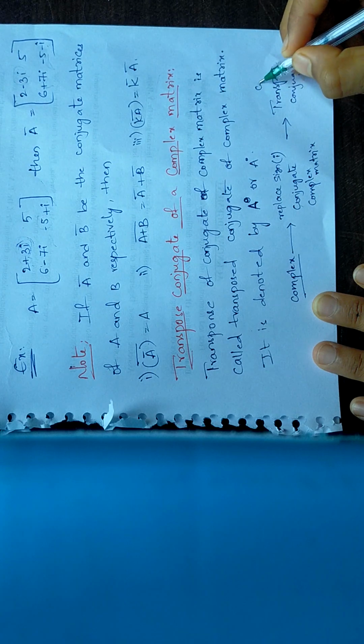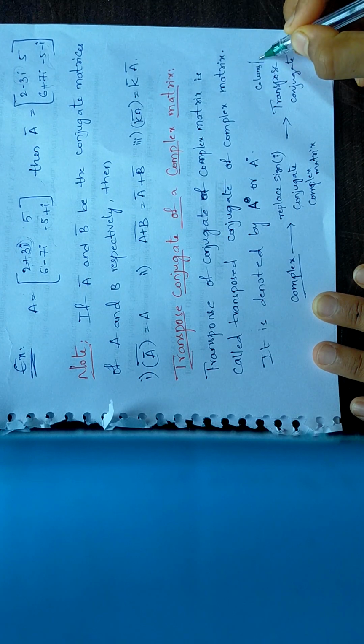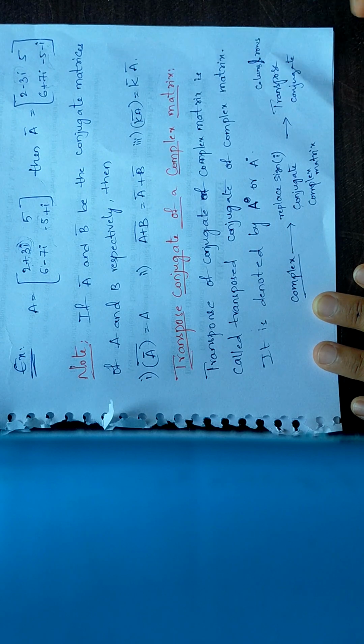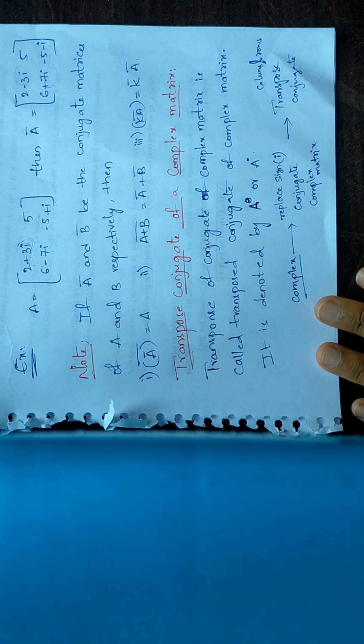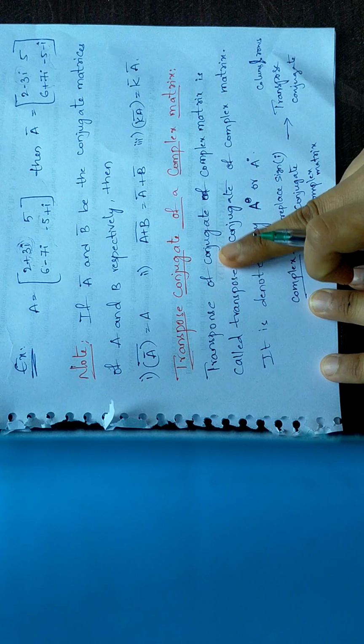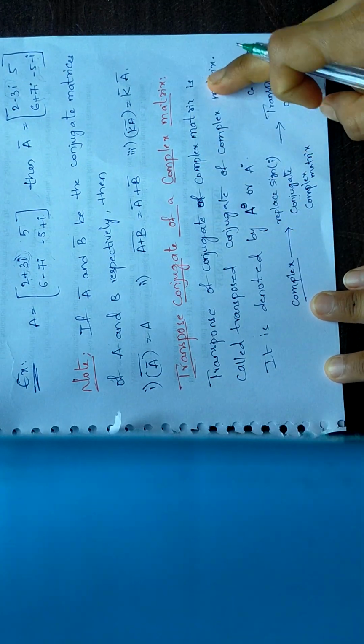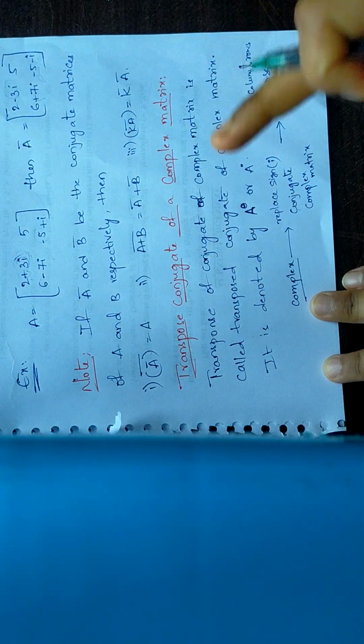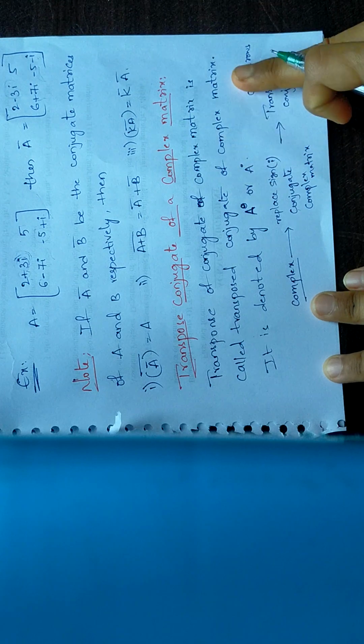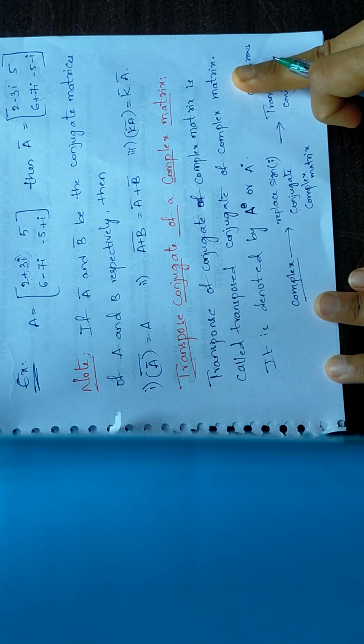We will replace the columns and rows. Alright, so the transpose of the conjugate of the complex matrix is the transpose conjugate of the complex matrix.